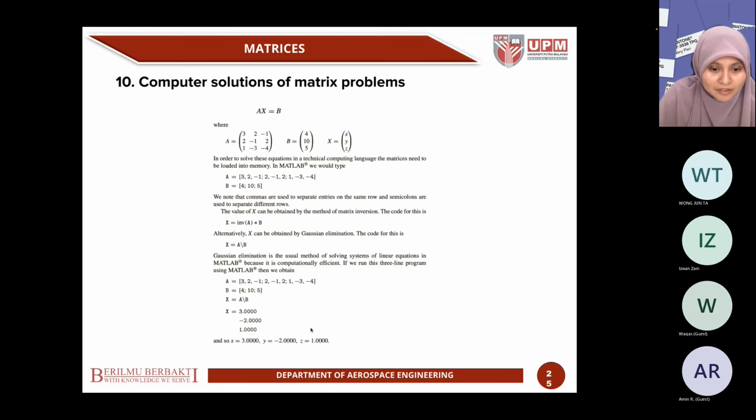Okay, so that's all finished. This is just an example of how you write a matrix in computer programming, MATLAB.